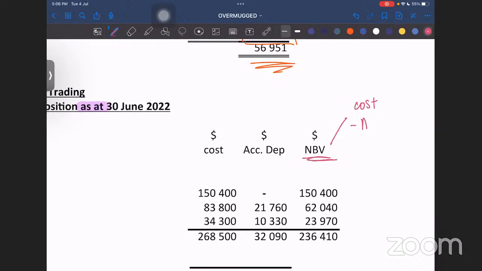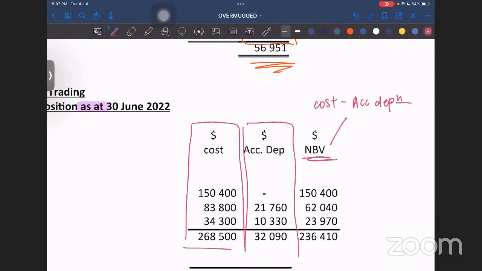Cost minus your accumulated depreciation. So this is from your chapter 10. So this column minus this column. That's how you get your NBV.